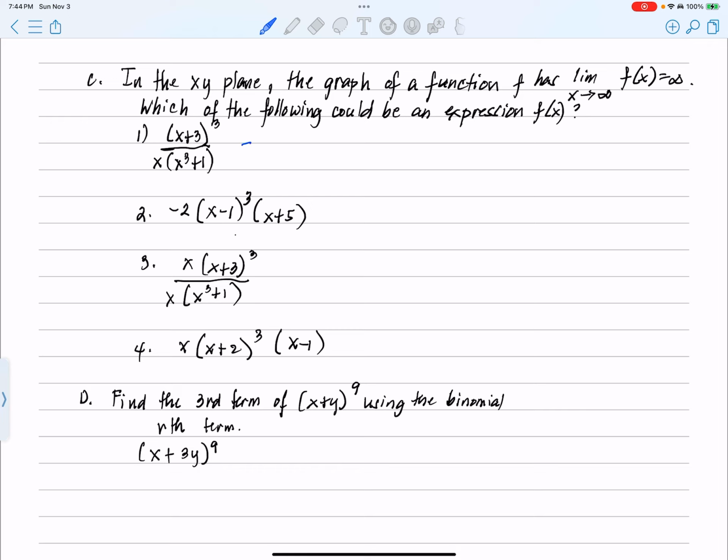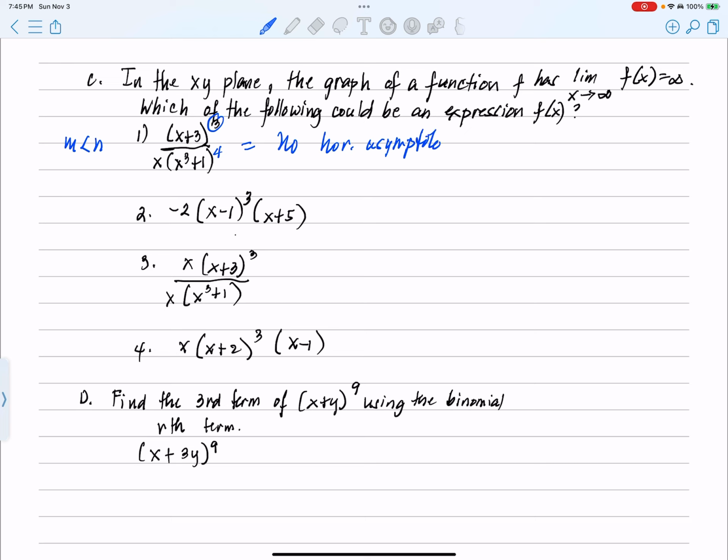This is to the third power. x times x cubed is x to the fourth power. So the m is less than the n. You know, the horizontal asymptotes, degree of numerator is less than the degree of denominator. So this is not the one. No, we have a horizontal asymptote here.